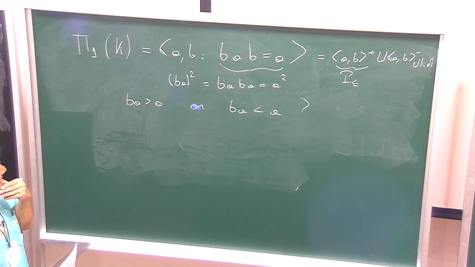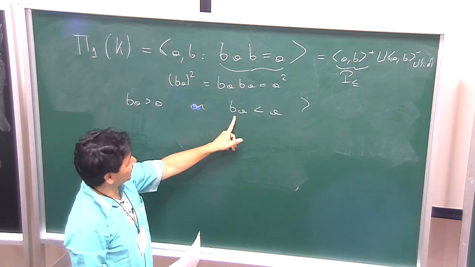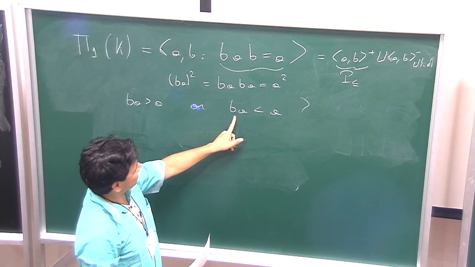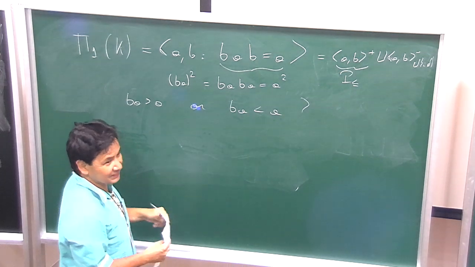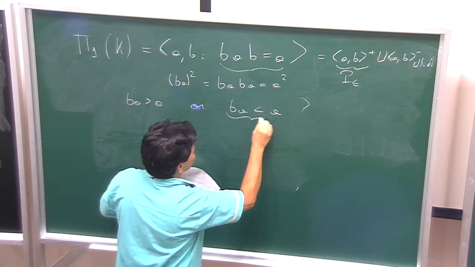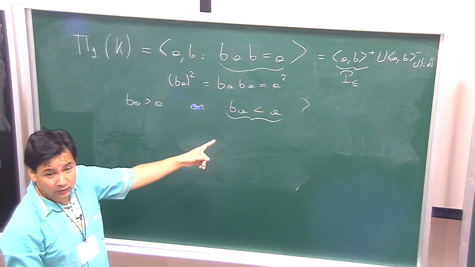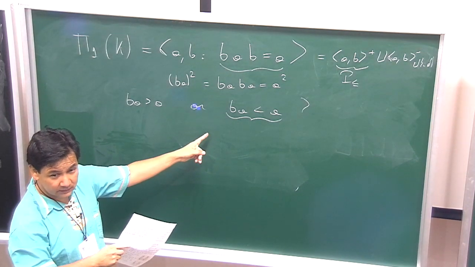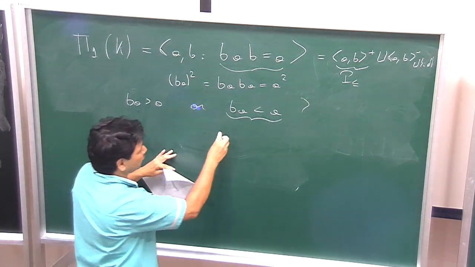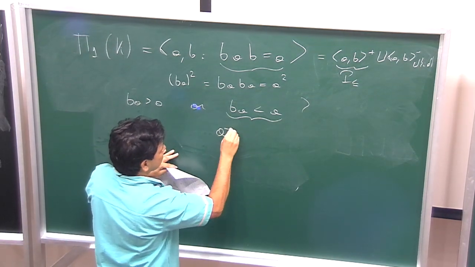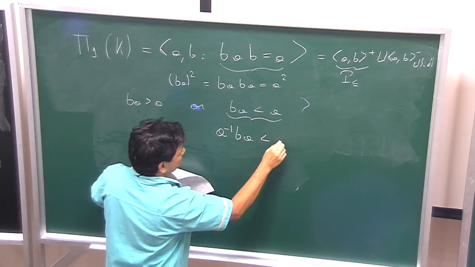Be careful. The right one? This one? Yeah, this one. Look, I can only multiply on the left. Yes? This is the point. So this is equivalent to a inverse b a is smaller than the identity.